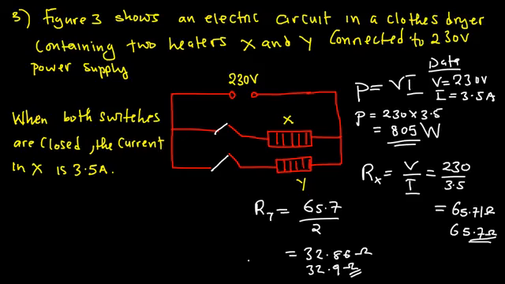That is how we find the resistor for Y. I hope you followed up to this point. Kindly confirm it's loud and clear, that you're able to understand. That is what is important at this point.